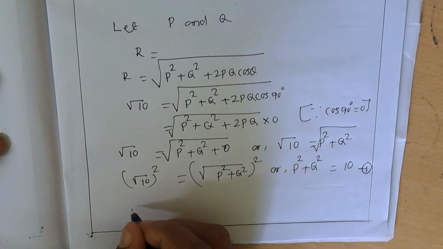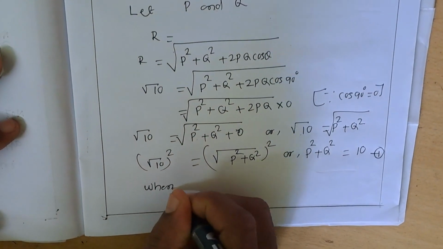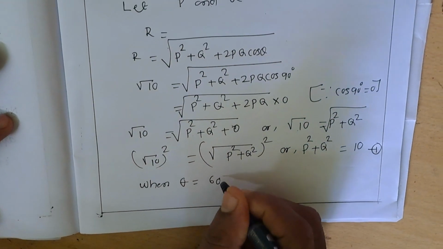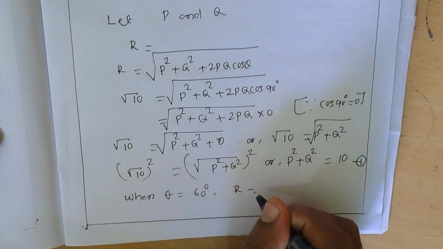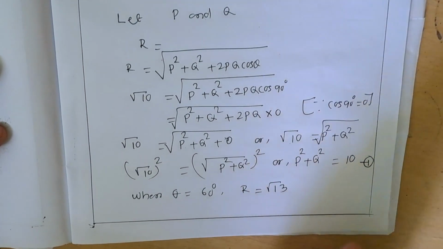When theta is equal to 60 degree, R is equal to root over 13.